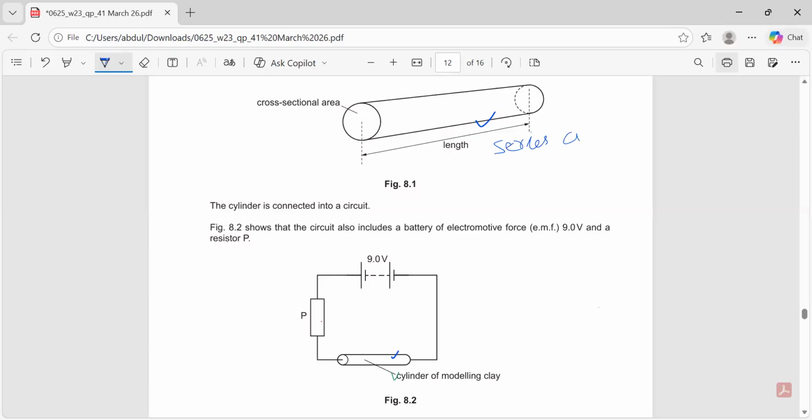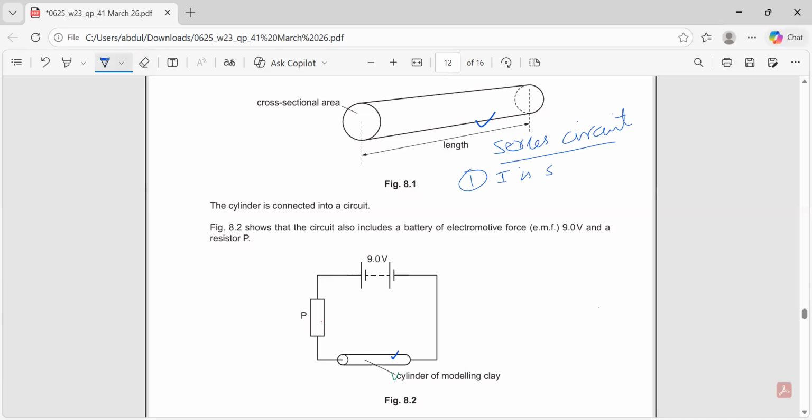Series circuit. Number 1: current is the same through each component.